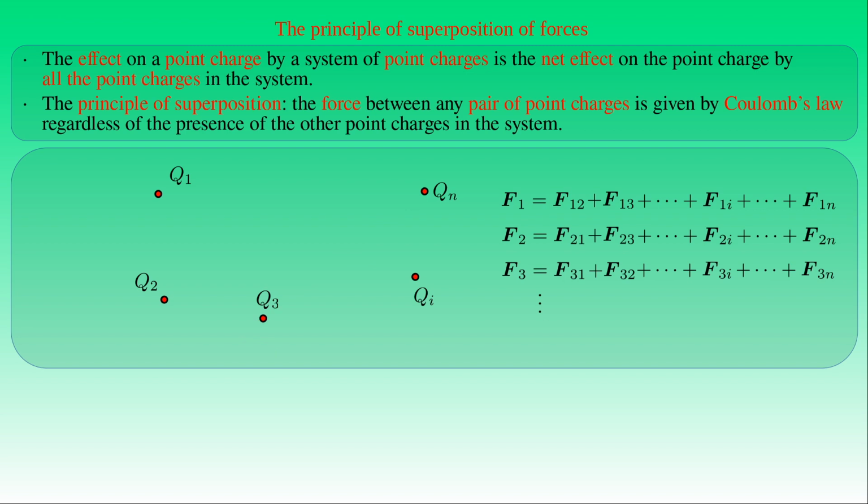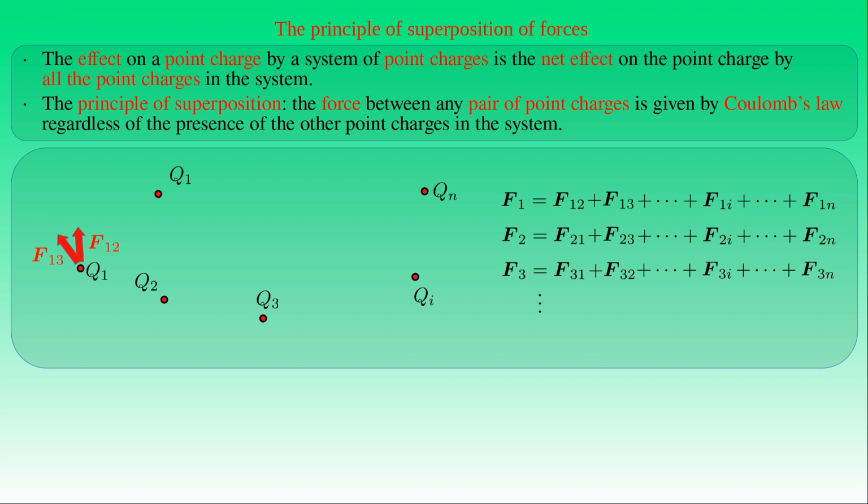Here we see that the forces F1, F2, F3 and so on are the vector sums of n-1 forces. That is, each net force acting on a given charge can be calculated by applying the parallelogram law for the vectors in the sum. For example, let us consider the point charge Q1, where the first force in the sum is the force F12 exerted by the point charge Q2, and the second one is the force F13 exerted by the point charge Q3.